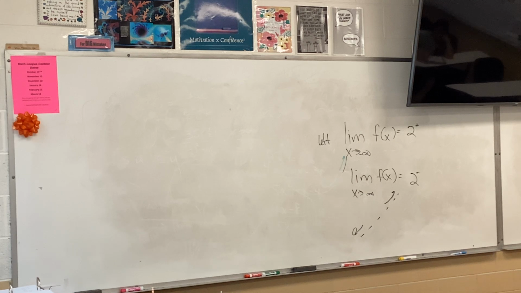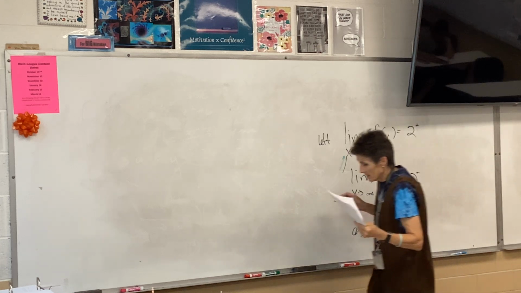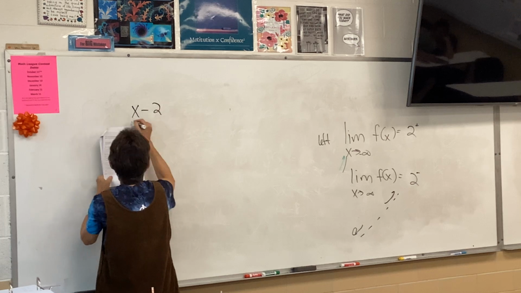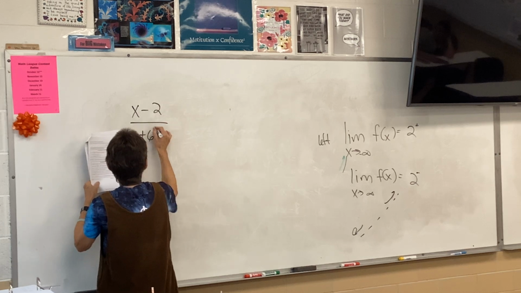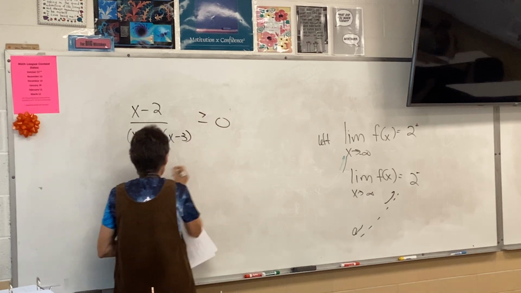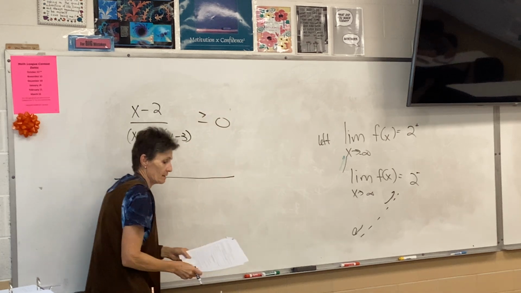So the zeros come from the numerator, that's when the function is 0, but the vertical asymptotes come from the denominator, undefined. So we're going to take that little bit of knowledge and we're going to use it to solve this inequality.